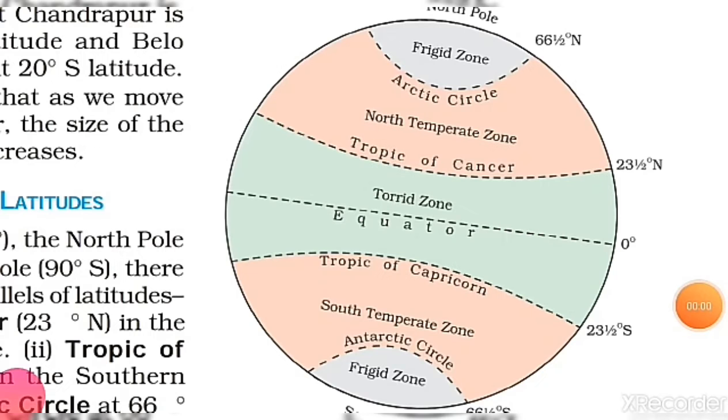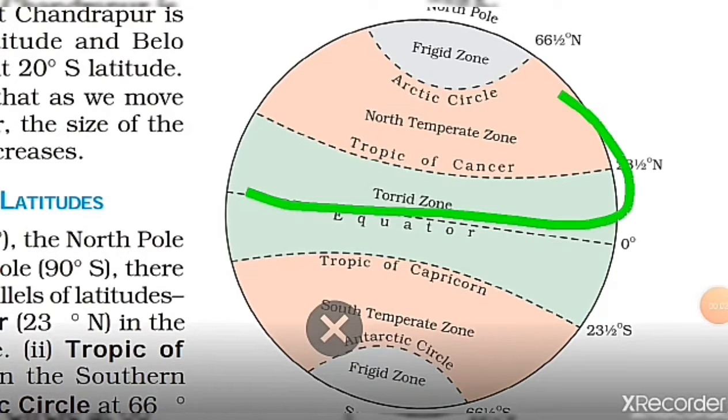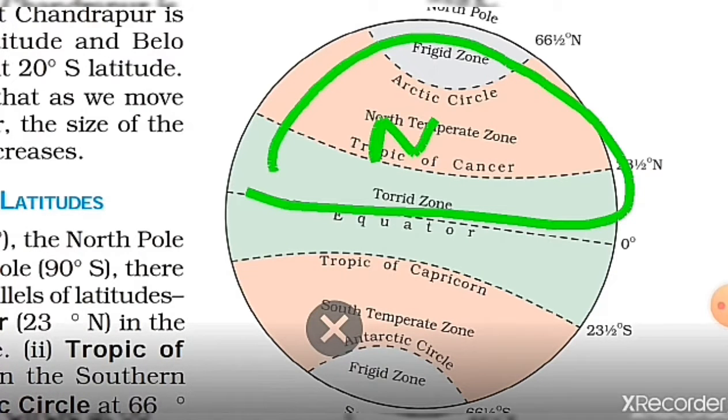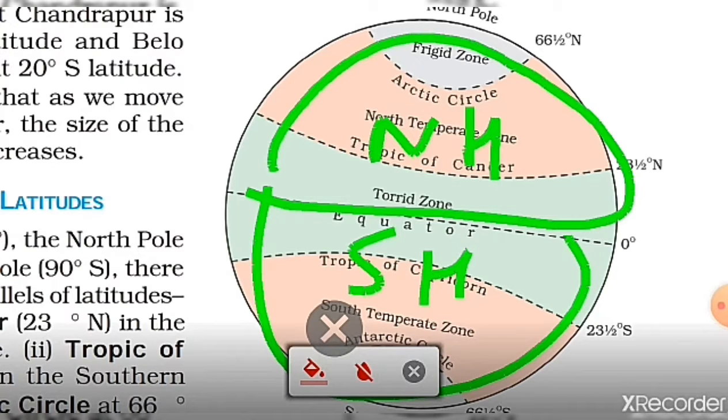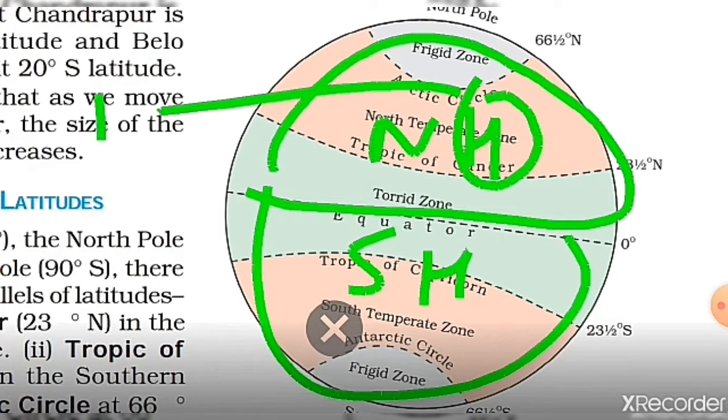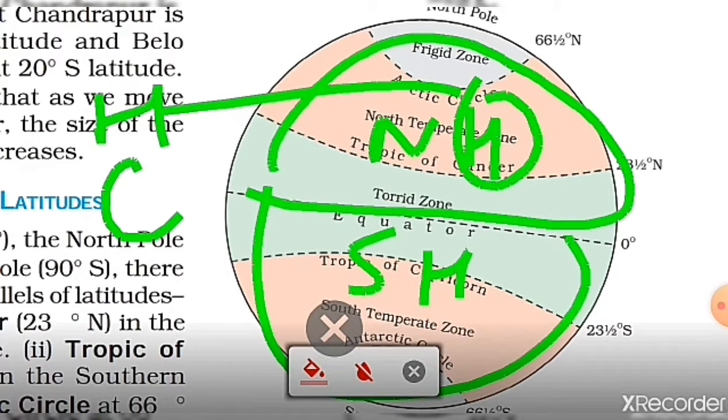The northern half is known as the northern hemisphere and the southern half is known as the southern hemisphere, and a hemisphere is a half circle. Don't be confused about hemisphere. That's why the equator is a very important line on the globe.